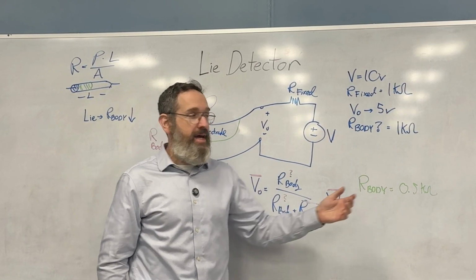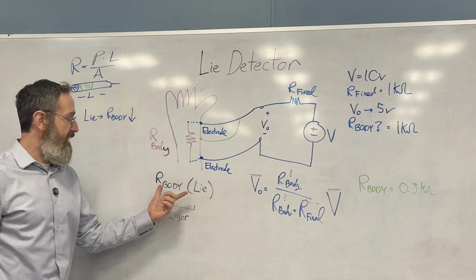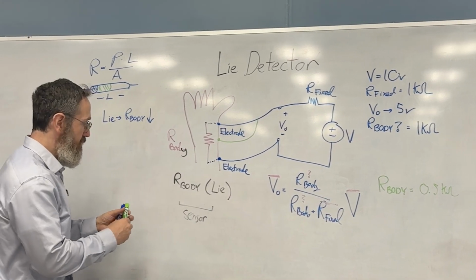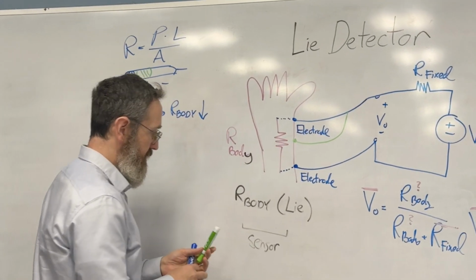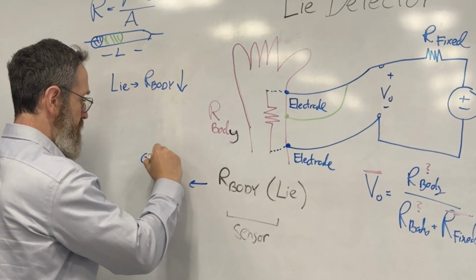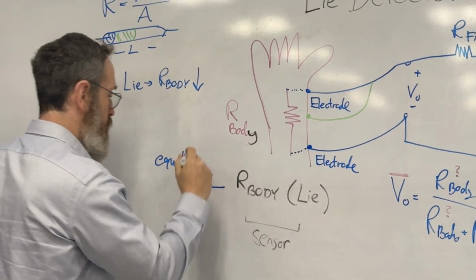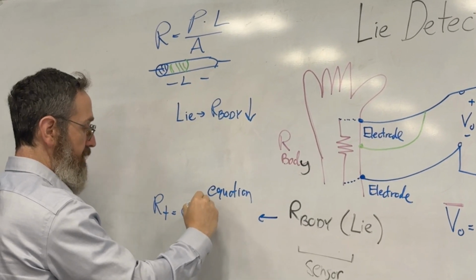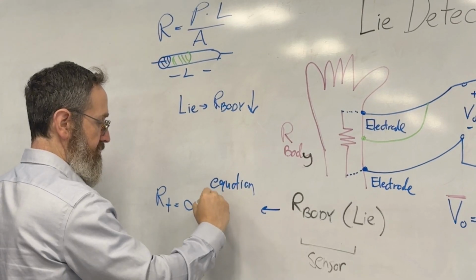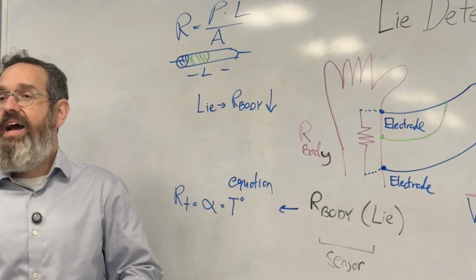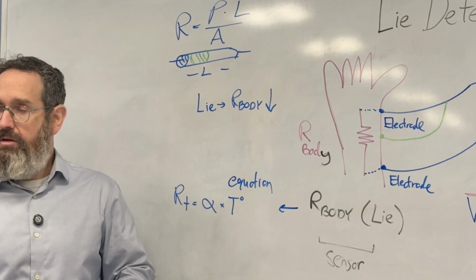What's missing here is that usually when we have an equation like this, it needs to come with an equation, such as, for example, RT is equal to alpha times the temperature. Some equation. We've always had those equations.